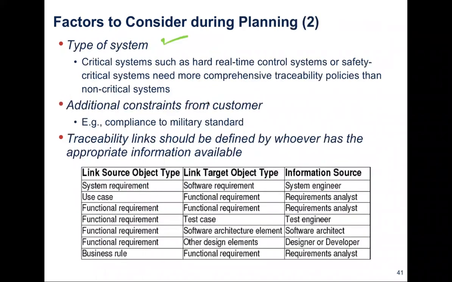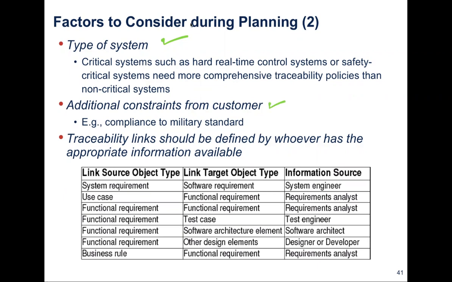Critical systems such as hard real-time control systems, or even safety-critical systems, would definitely need more comprehensive traceability policies than non-critical systems. We should also consider any additional constraints from the customers, especially since we have different standards that we should align to.